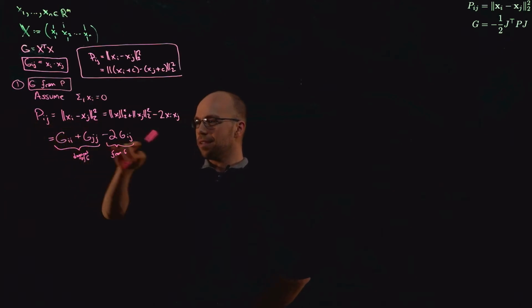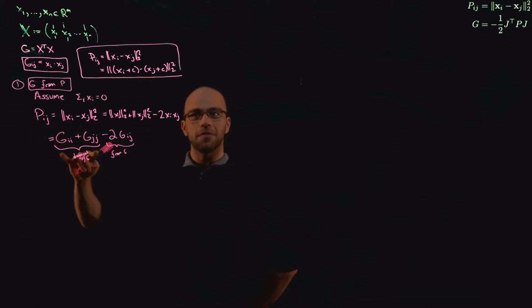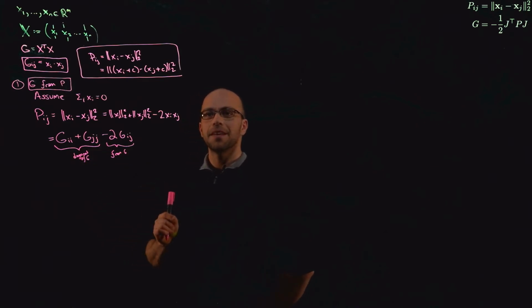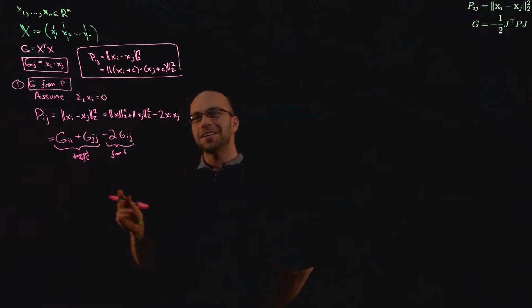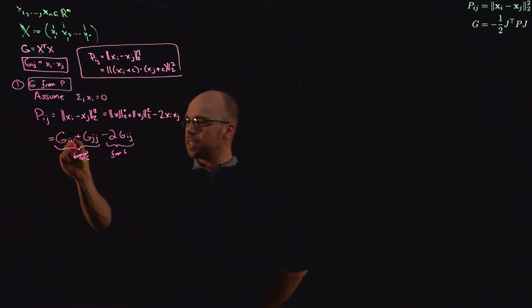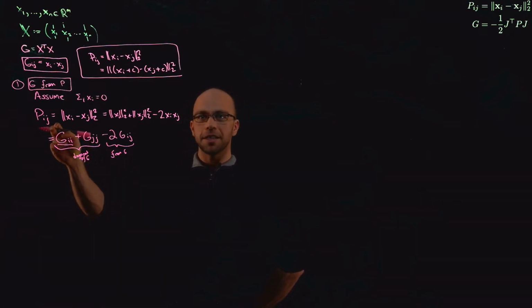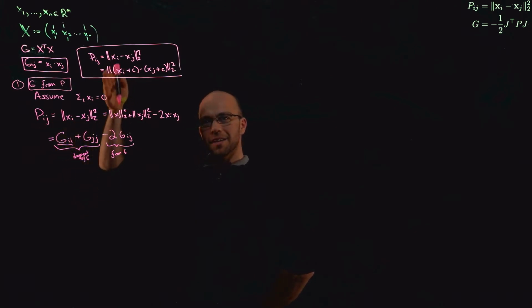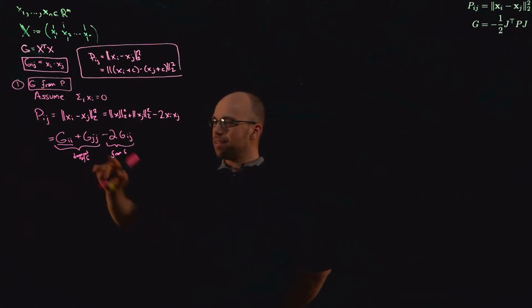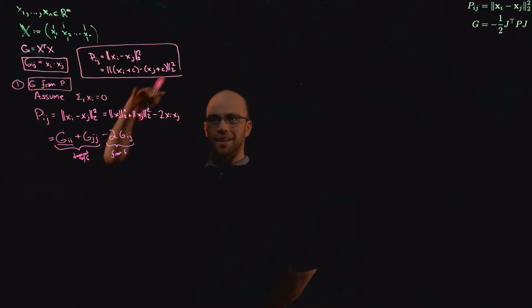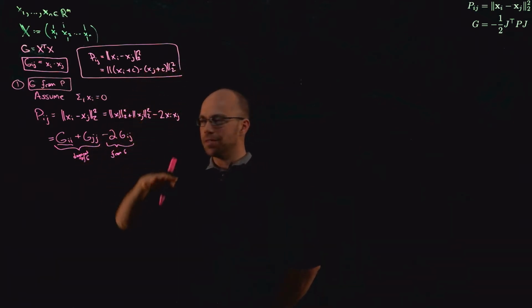We see that P is equal to minus 2G plus this thing involving the diagonal of G. Now, let's see if we can be a little more specific than that. In particular, what's going on here? So the Gii term does not depend on j at all, right? So it's kind of like constructing a column vector and then just repeating it a bunch of times. And then similarly, the Gjj term is like constructing a row vector and repeating it a bunch of times.